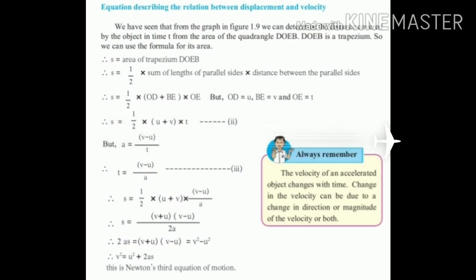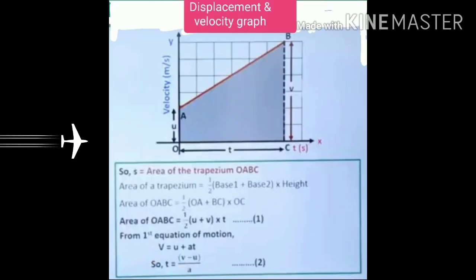But OD is equal to the initial velocity U, BE is equal to the final velocity V, and OE is equal to time t. Therefore, S is equal to half into bracket U plus V into t. This is equation number 2.